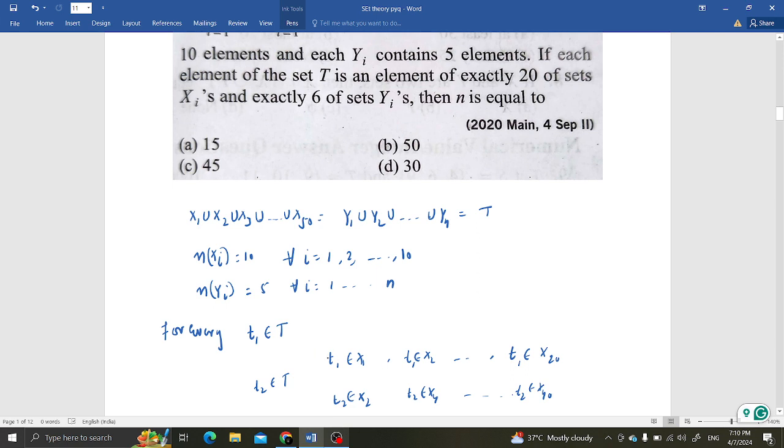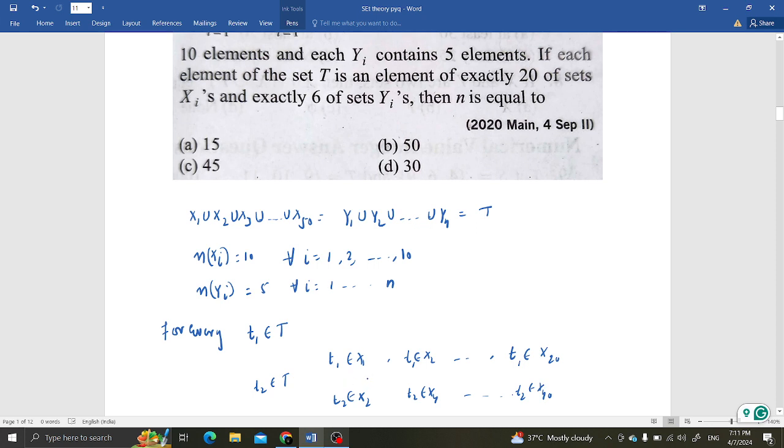T1 repeats in 20 sets which may be different from those of T2. Clear? Here T1 is in X1, T1 is in X2, up to X20. And here you can observe T2 is in X2 while T2 is in X4. But T1 is in X1 while T2 is not in X1. Understand this? So it may be possible like that also. It may also be possible that T2 is in X1. I am giving particular cases.